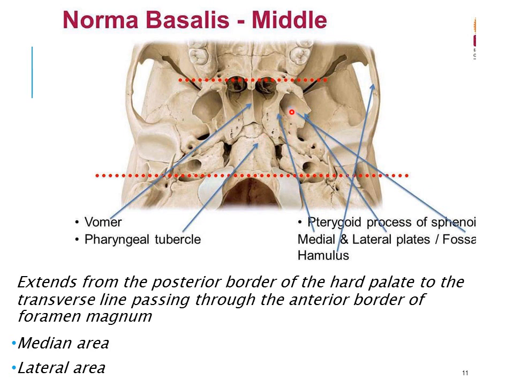These are the parts at the median area. These two plates are very important, you have to remember. So medial pterygoid plate, lateral pterygoid plate, the pterygoid fossa. Then we have the pharyngeal tubercle and the vomer bone.